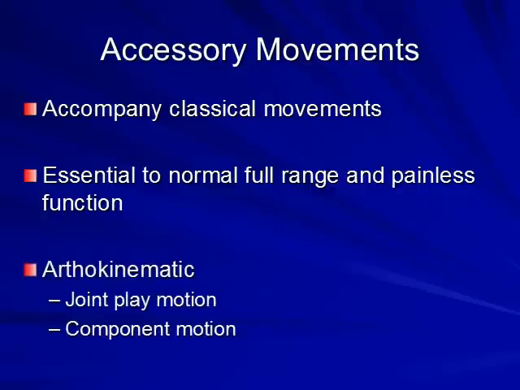All right, moving forward into more accessory motions. All right, so why do we have these things that occur at the joint? Well, the joint surfaces move on one another according to these classical or physiological motions. So it's what occurs that we can't see with our eyes, but we can learn to feel it with our hands. So it's really essential for normal range and for painless function.